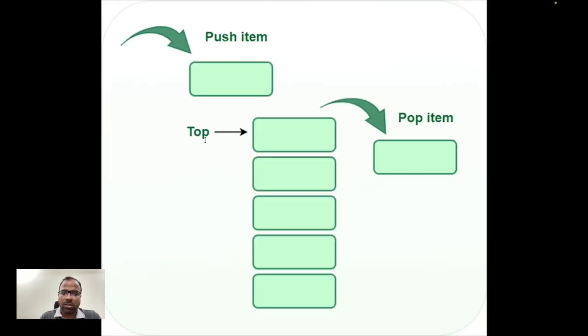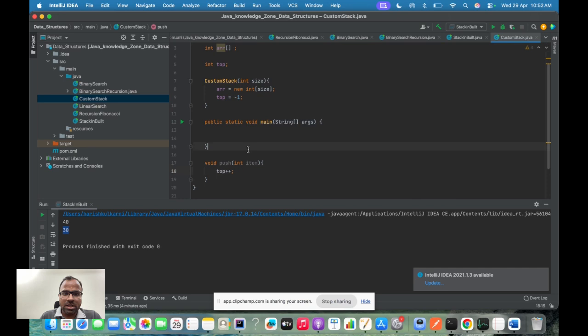Initially top is -1. Now when you increment it, top plus plus, it will become 0 in this case, right?